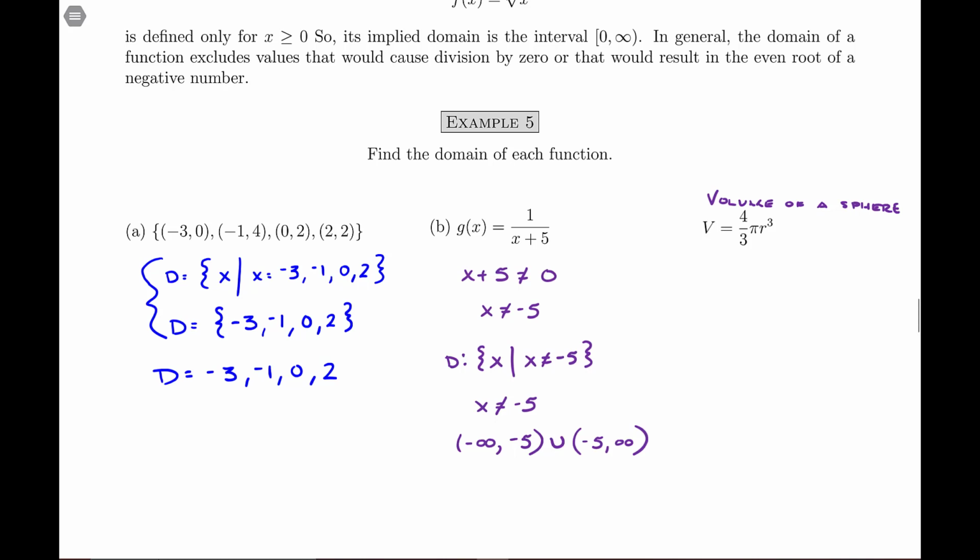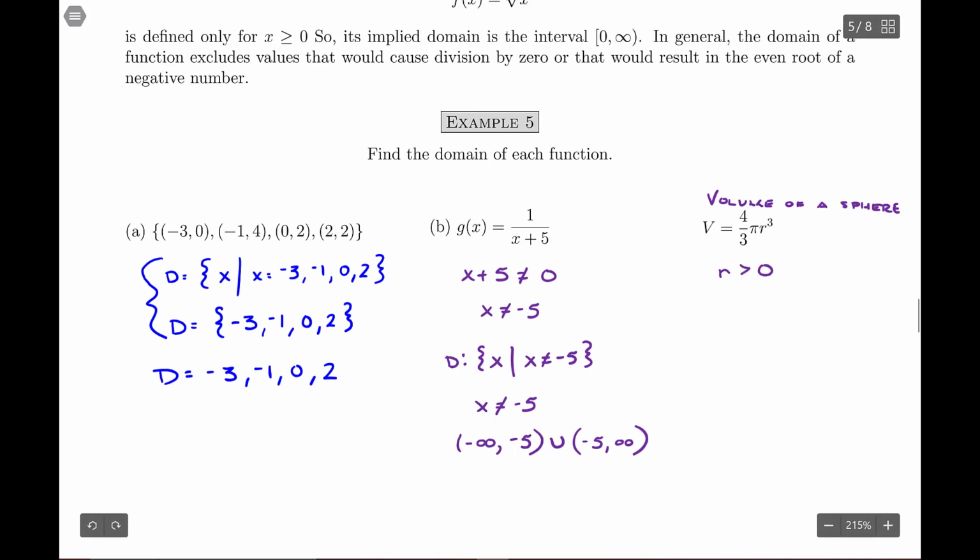However, because we define this as the volume of a sphere, we know it cannot have a radius of negative values, and it also can't have a radius of 0. If r was 0, then the volume is 0, and that's not a sphere. So we are restricting this domain just in the context of the problem.